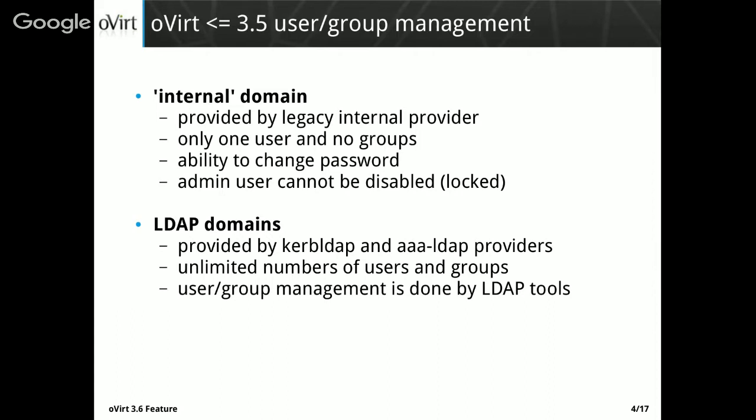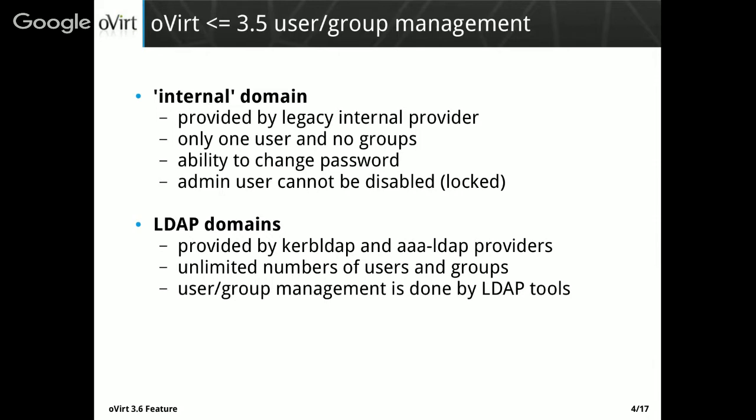This internal domain was provided by a legacy internal provider, and this legacy provider supports only one user, no groups, and the only thing you could do was change the password of this user.